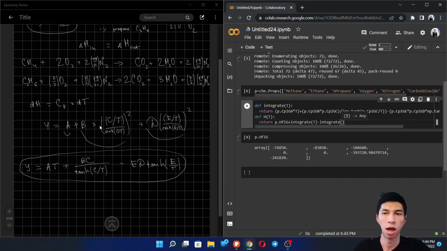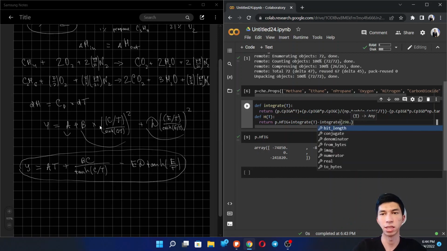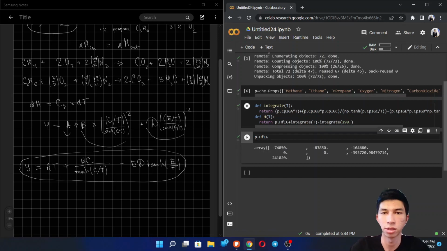We said that the enthalpy change is going to be the difference from the lower to the upper boundary. So our lower boundary is 298 kelvins, and we're integrating until T, which is going to be our temperature that we need to solve for. So let's just run this function. So now we have two functions, the integrate and the enthalpy.